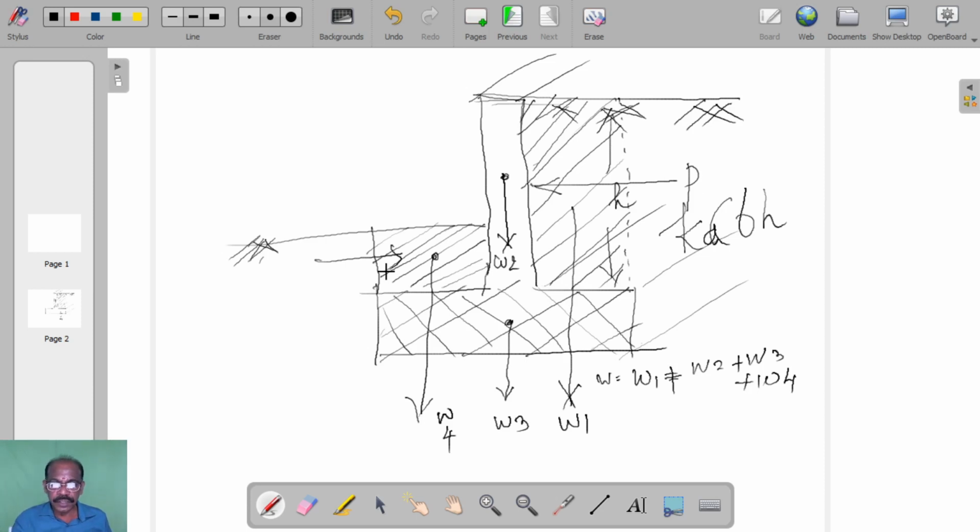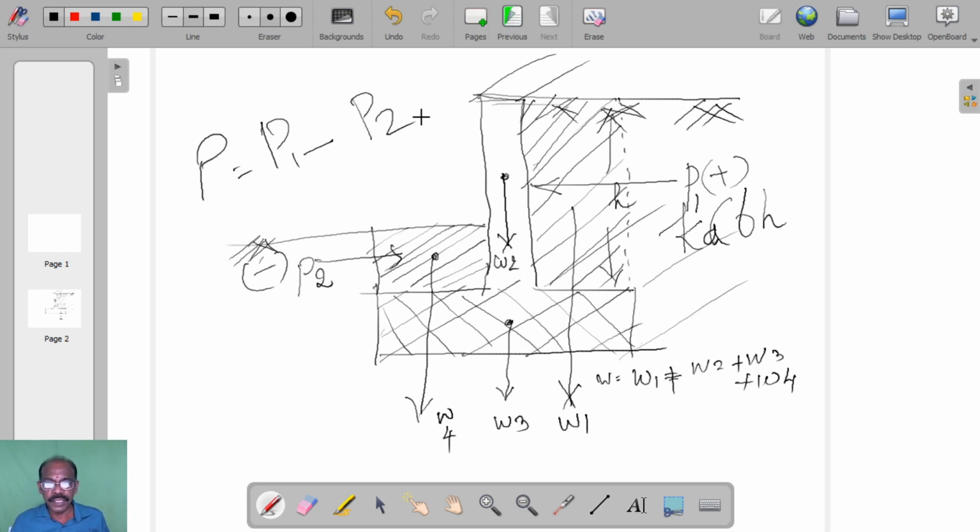Suppose you take P1 as positive, and this may be taken as P2, which acts in the negative direction. So the total pressure equals P1 minus P2.